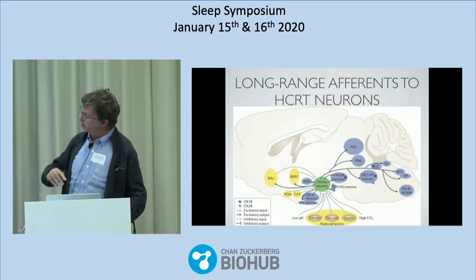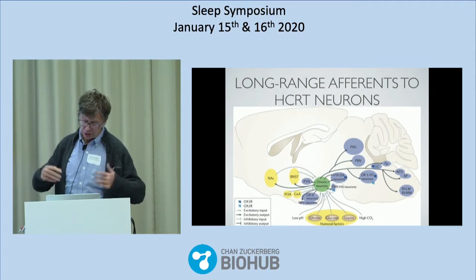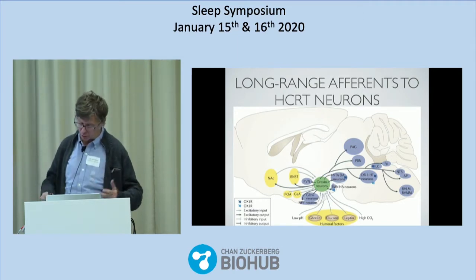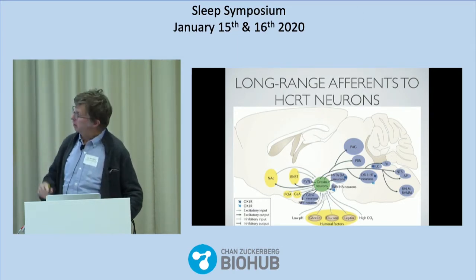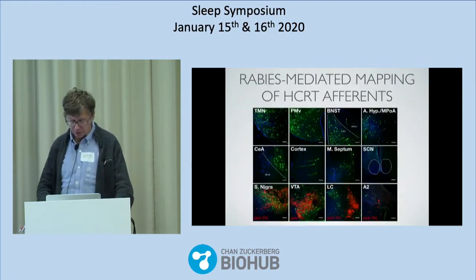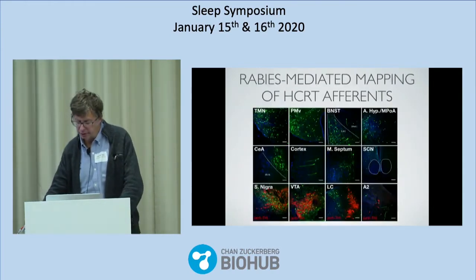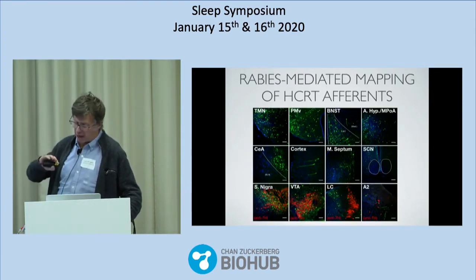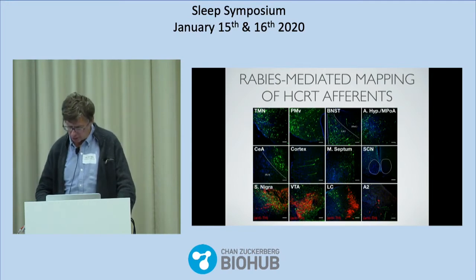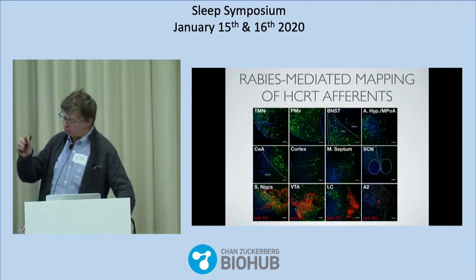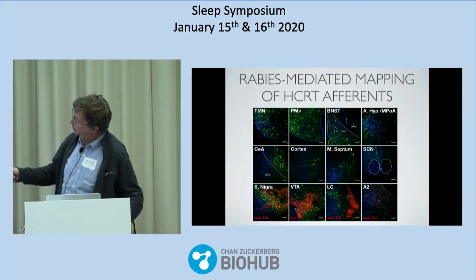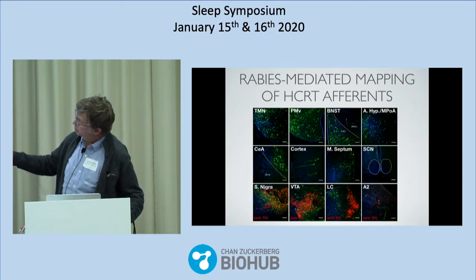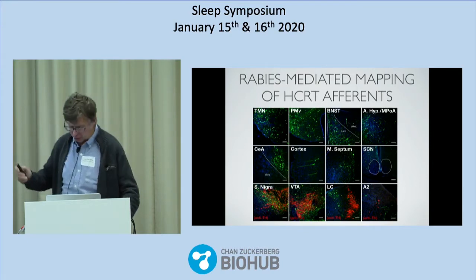More generally, the long-range afferents to hypocretin also modulate their activity, and that is more challenging, but we've been addressing this more recently. We've done a map of the monosynaptic inputs to hypocretin neurons throughout the brain, and these are just a few examples. The histaminergic cells in the tuberomammillary nucleus, and the bed nucleus of the stria terminalis, the central amygdala, and so many others.